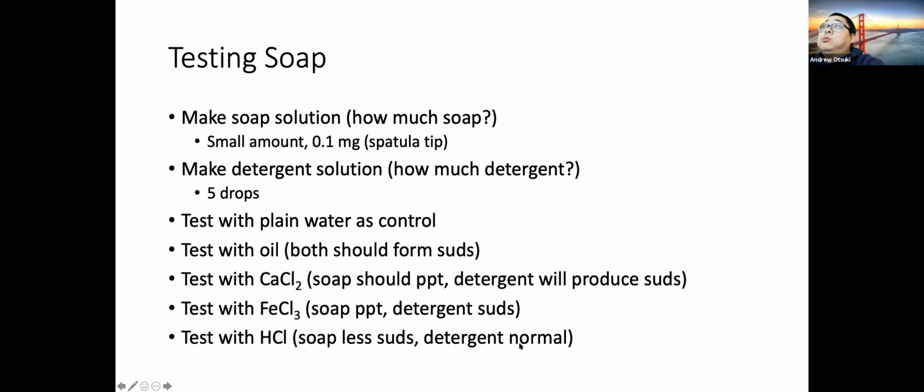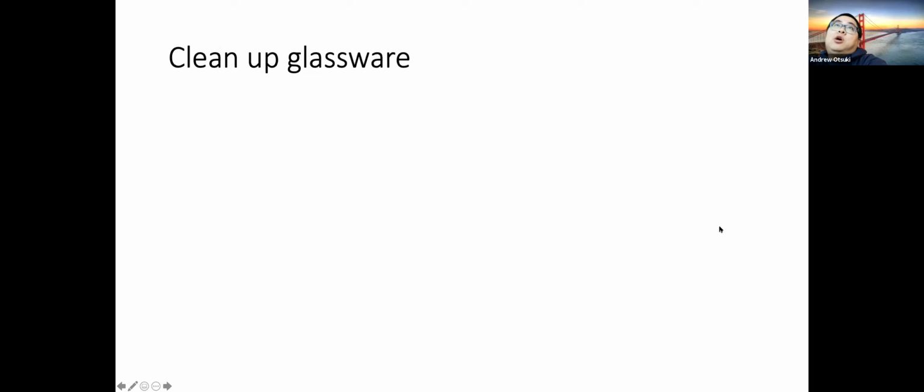So the amount of protonation that occurs will be minimal. It'll still be in the deprotonated form, so there will be no effect, and detergent should be normal. Okay, so that's our testing of our soap.